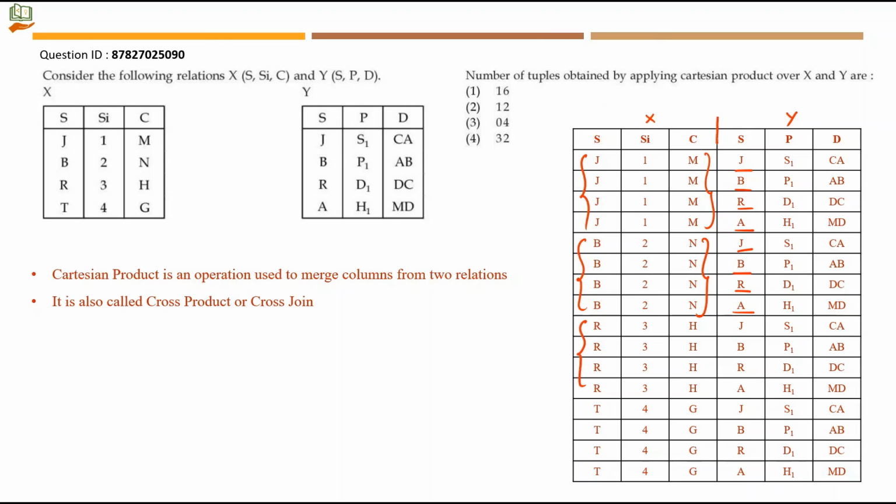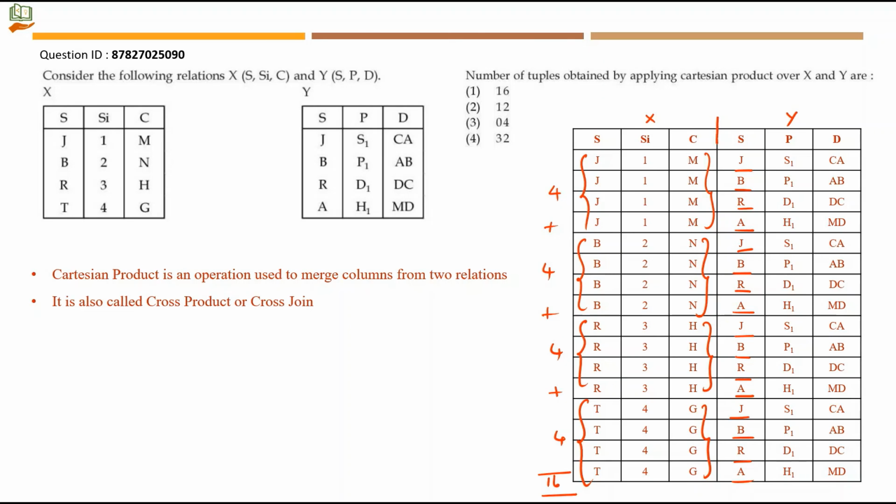Then the third tuple of x will have 4 tuples from y merged like this. Then the fourth tuple of x will have 4 tuples from y merged like this. You have 4 tuples here, 4 here, 4 here and 4 here, which gives a count of 16. 4 plus 4 is 8, 8 plus 4 is 12, 12 plus 4 is 16.